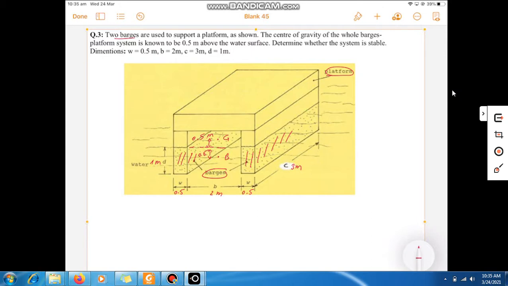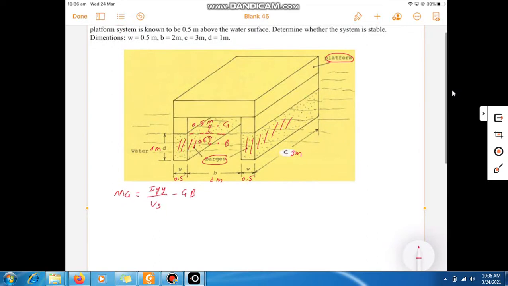Okay. And when B is below Z, to determine whether this is stable or unstable, we have to find MZ equal to Iyy over Vs minus Zb. If this one is positive, stable. If this one is negative, unstable.